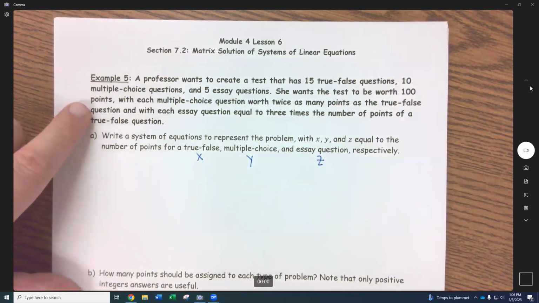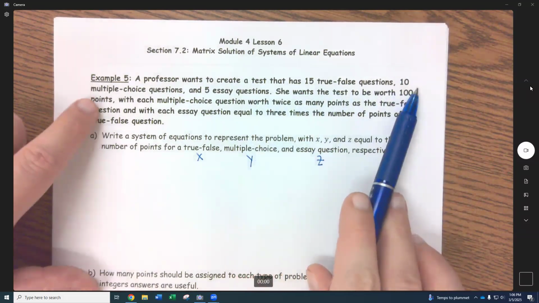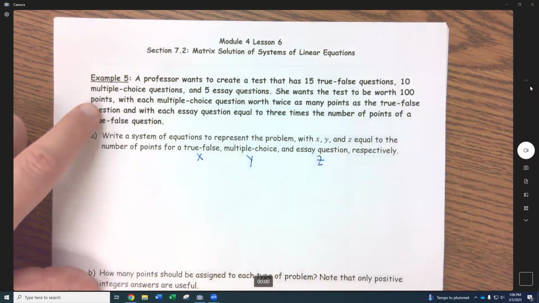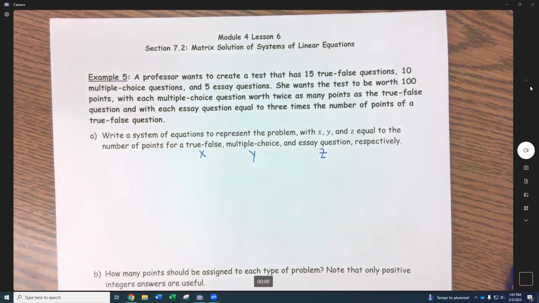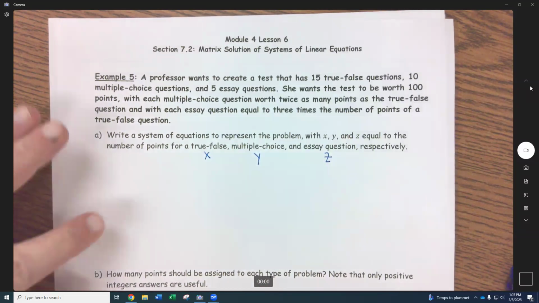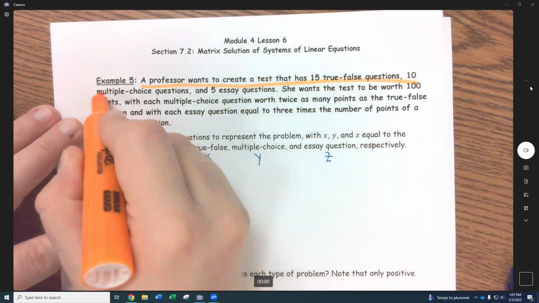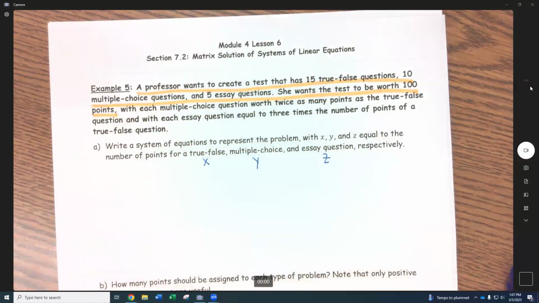So it starts off by saying that we want a test with 15 true or false, 10 multiple choice, and 5 essays, and that she wants this to be worth 100 points total. I'm going to use a highlighter here. Let me use something other than yellow, though. Okay, this is what I am using to make my first equation.